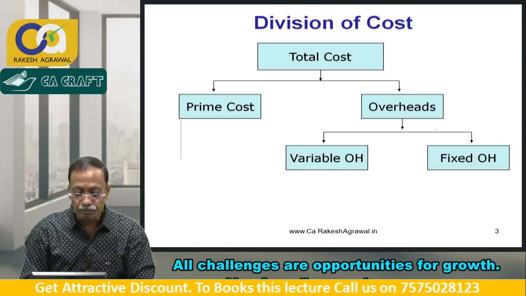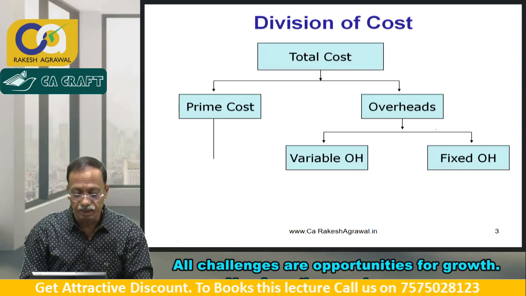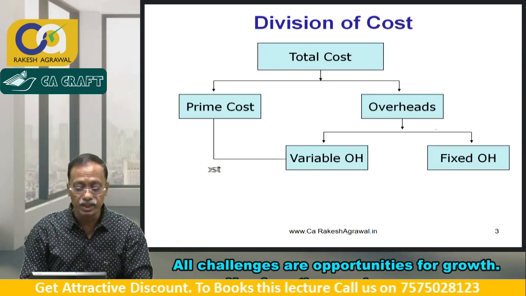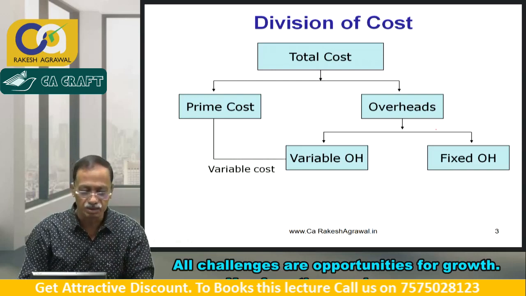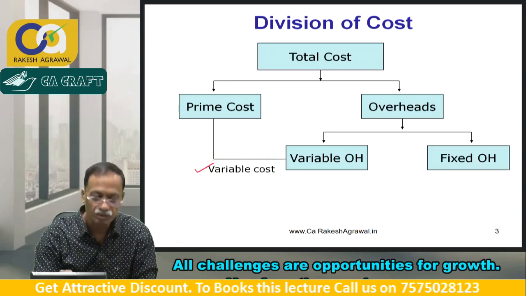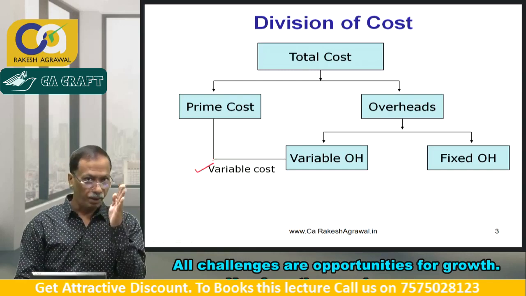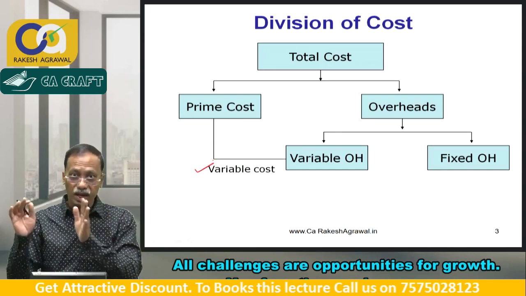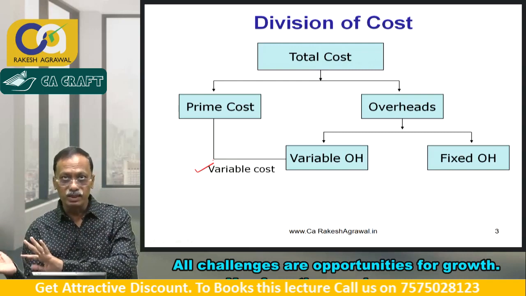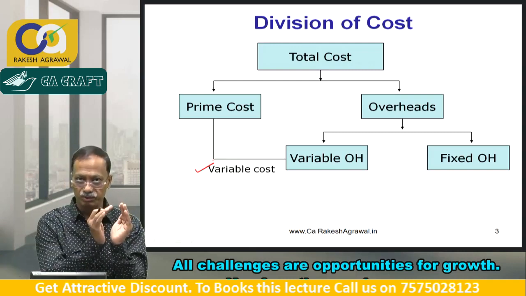Now, this prime cost, as I said, is always variable. Prime cost plus variable overheads together will become variable cost. So this is our variable cost for marginal costing purpose. So how will we get the variable cost? Prime cost is by default variable, and out of total overheads you have to take only the variable portion of overheads.